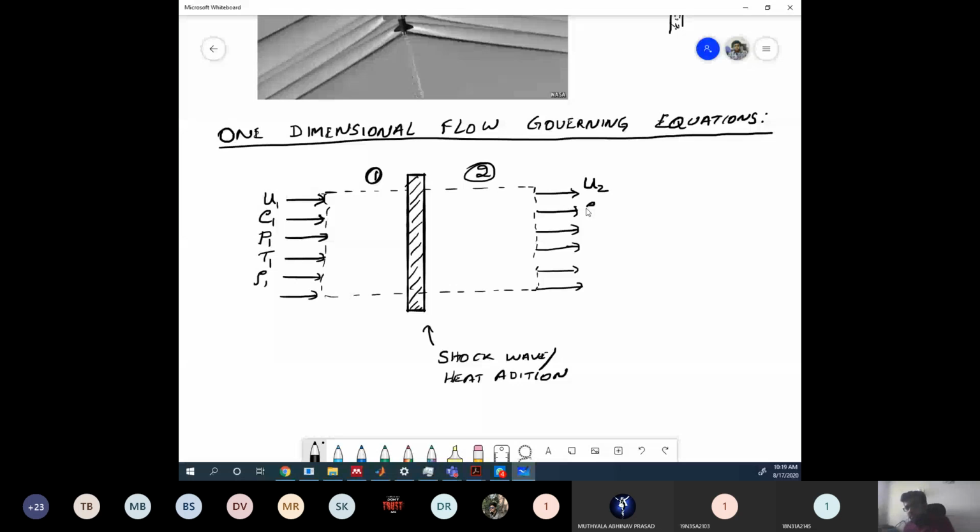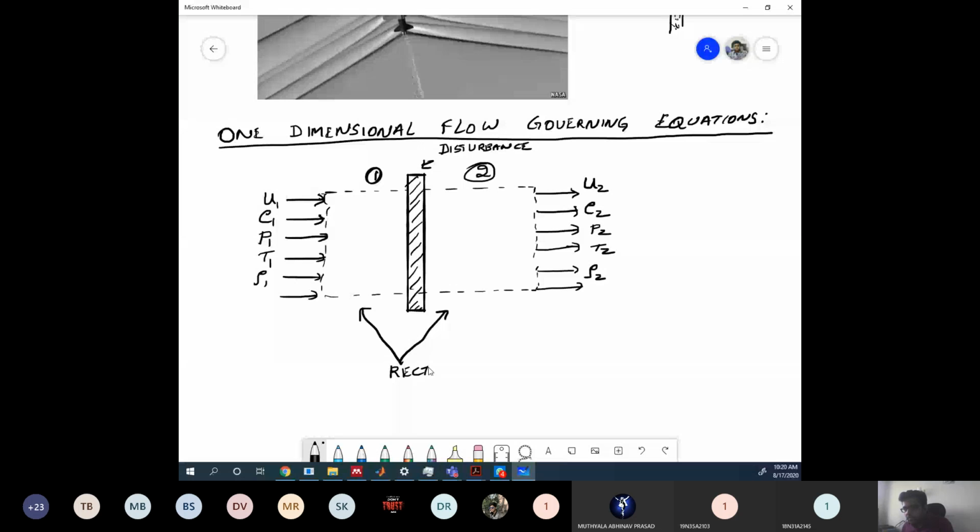Okay. So I'll delete this. It's not needed. So assume that this is some disturbance. So this entire region is a rectangular control volume.